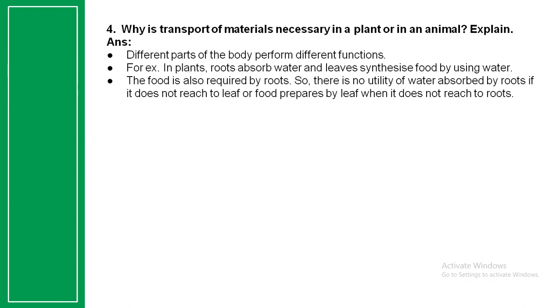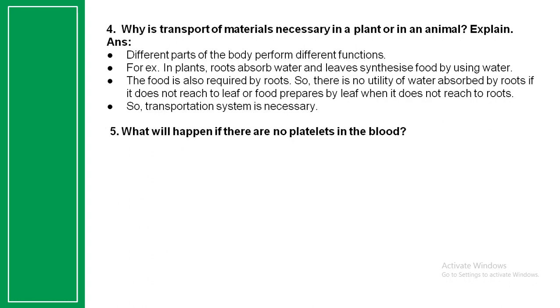Right? Okay, and there is no other utility of the water absorption done by the root if transportation is not present in the plant. So in this way you see that transportation is essential, else the plant cannot survive, neither by the water nor by the food. So that's why the transportation system is necessary.